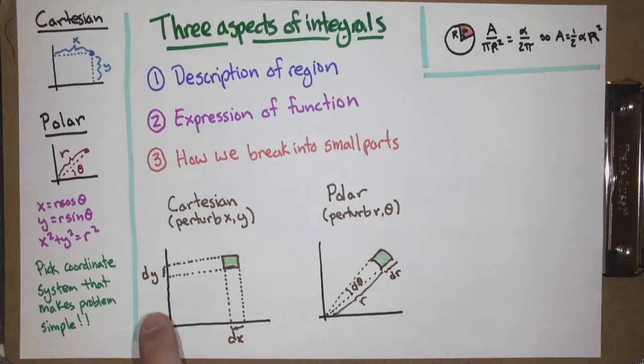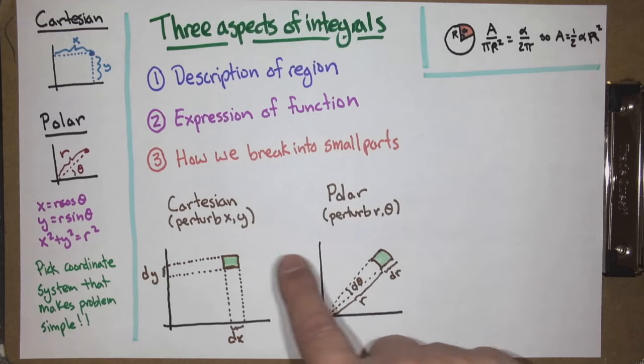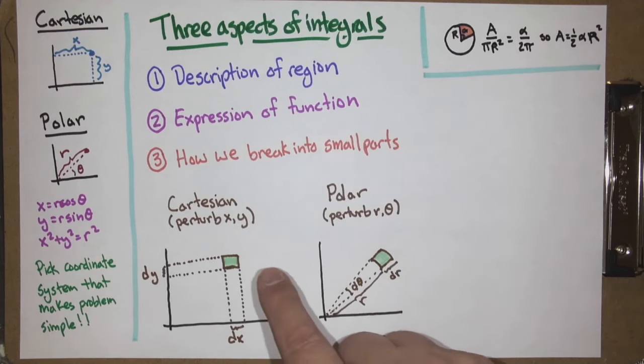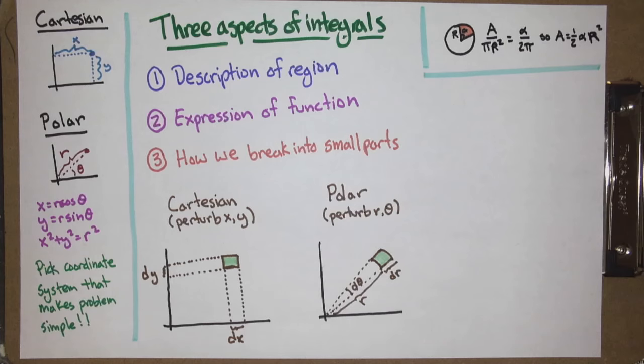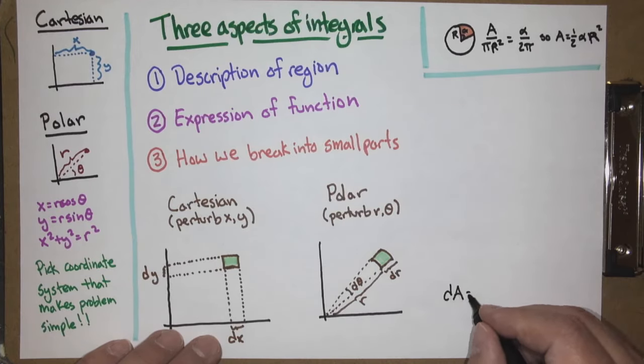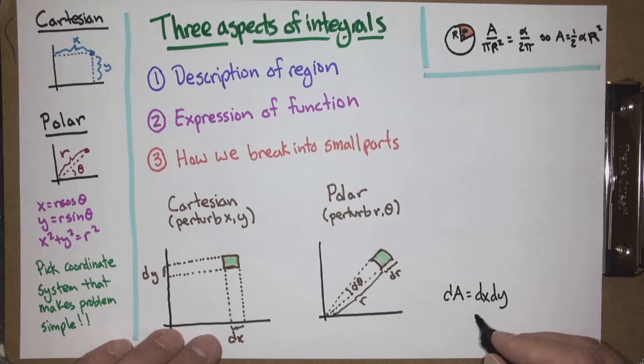So if I'm thinking of x and y, I think about a little bit of change in x and a little bit of change in y. And I say, okay, what do you get as your shape? You get a rectangle out. And so from here, you say, aha, the bit of area that you're getting is dx dy or dy dx. So this is your Cartesian.